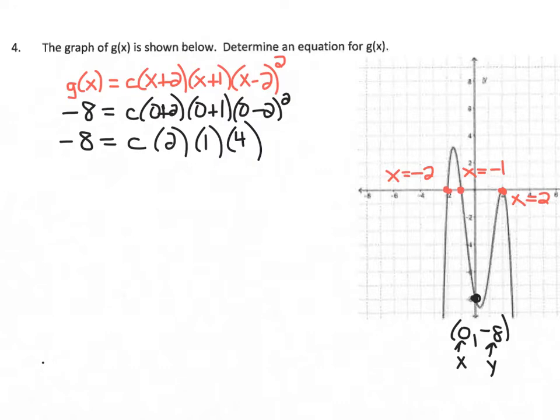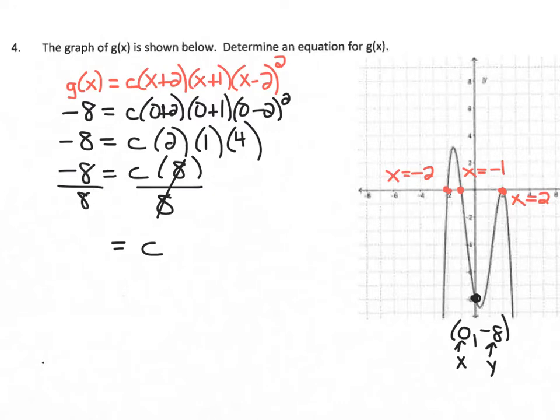Now I'm going to bring down the -8 and the equals c, and then 2 times 1 times 4 is 8. To get the c by itself, all we have to do is divide both sides by 8, and -8 divided by 8 is -1. So that's our value of c.